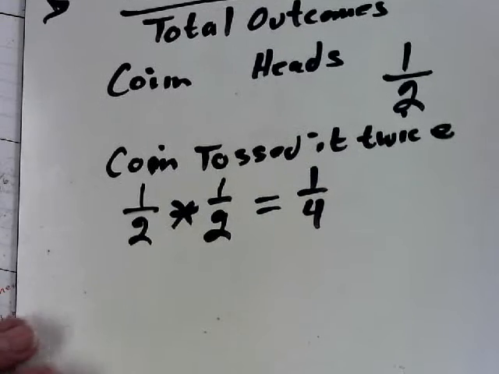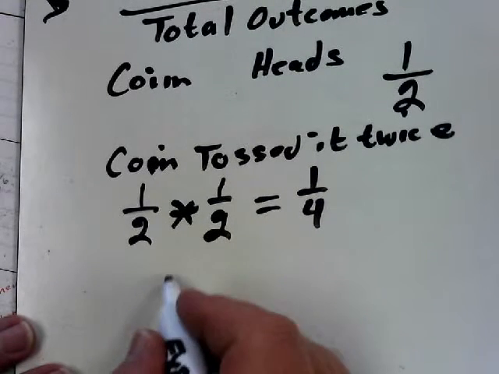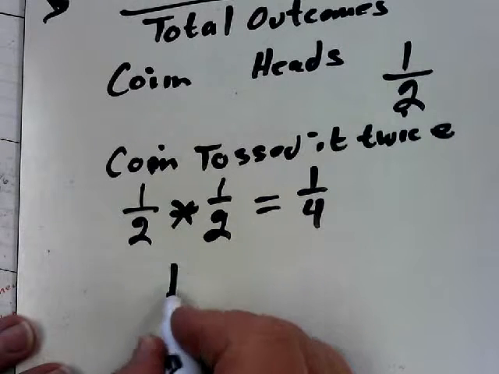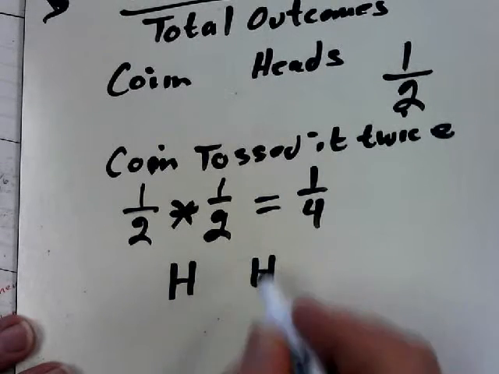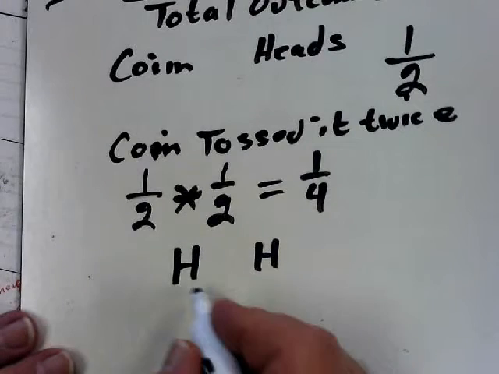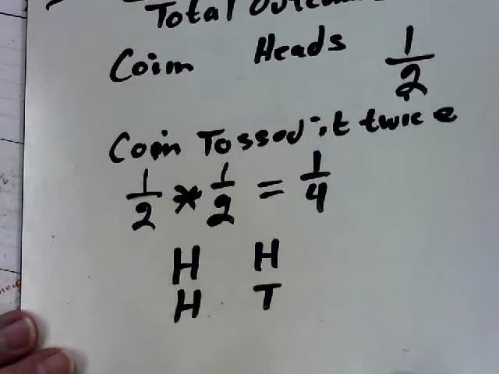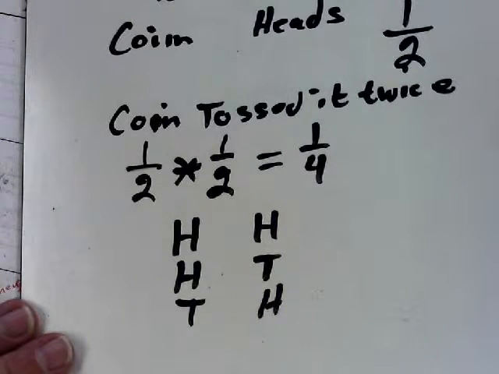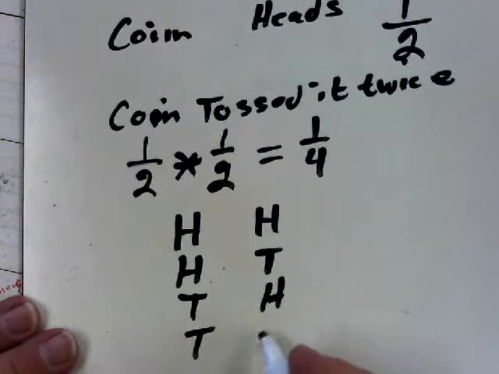How can I demonstrate that? Well, if I toss the two coins, couldn't I get a combination of a head and a head? I could get a head and a tail. I could get a tail and a head, and a tail and a tail.